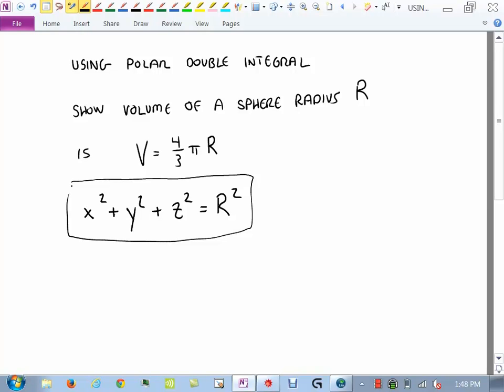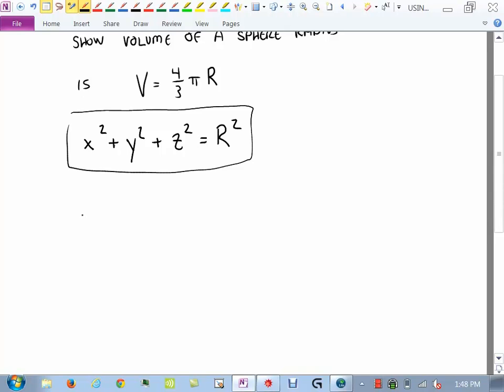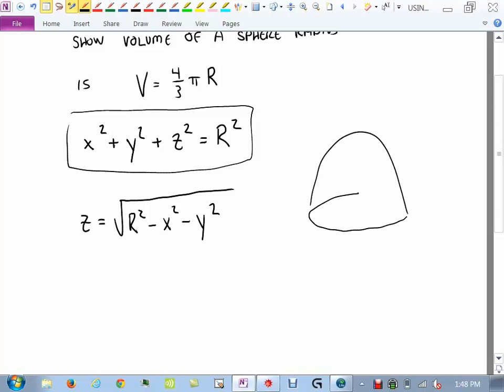And I will be able to double the answer because of the symmetry of the sphere. Solving that for z, you get the square root of capital R squared minus x squared minus y squared. You agree? My 3D picture is like that.